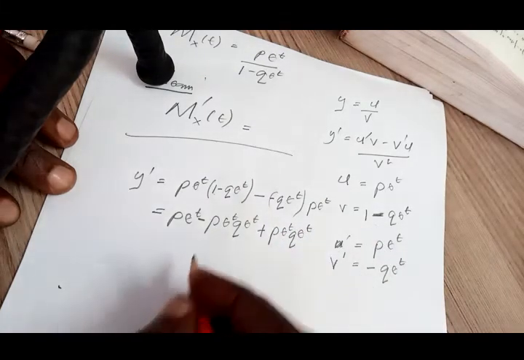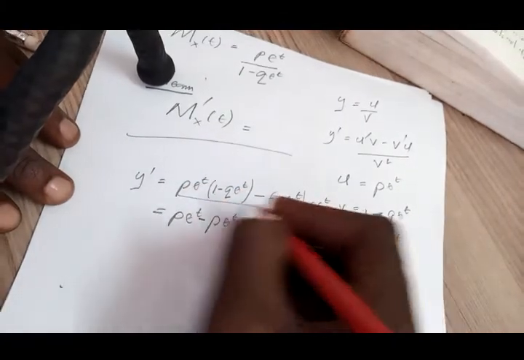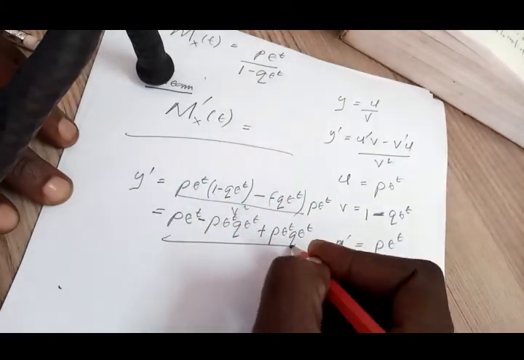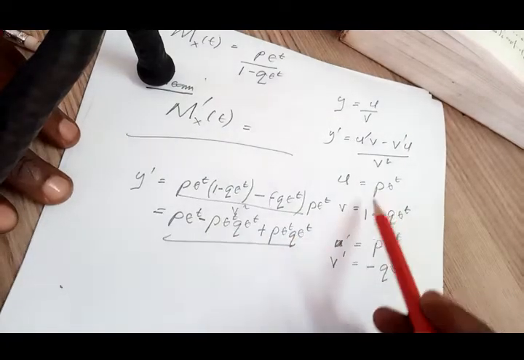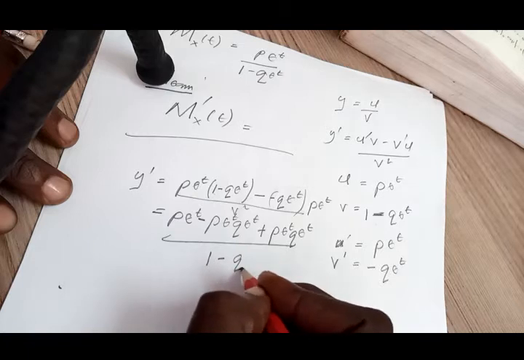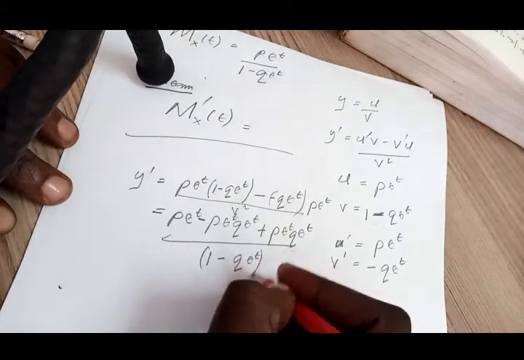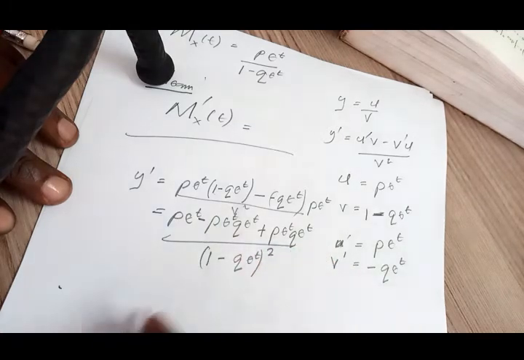So that's the expression that we are going to have. Then of course the whole lot of this is supposed to be divided by v squared, and you know what our v is. Our v is 1 minus q e^t, in brackets, squared.